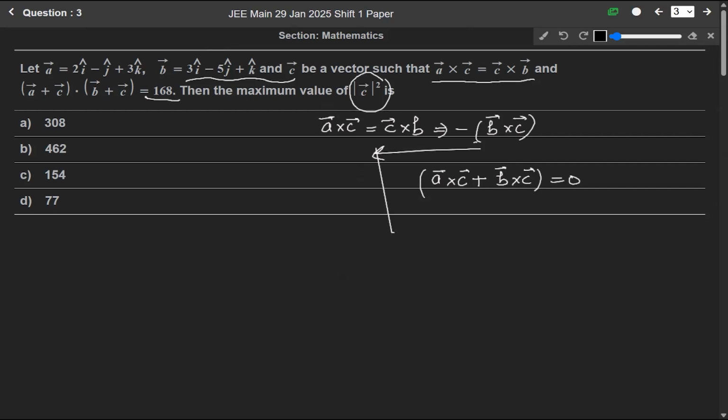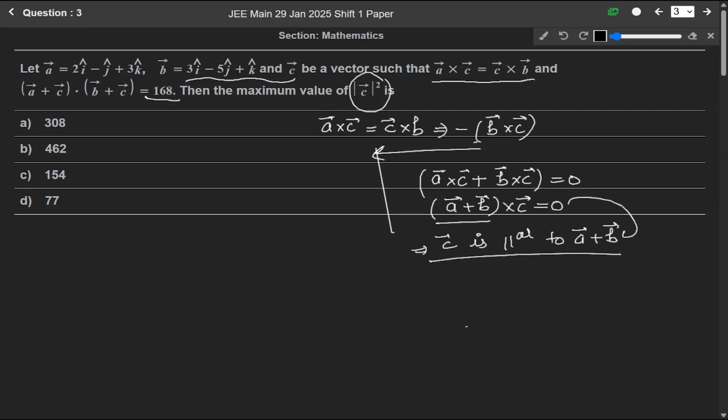Taking cross C as common, we get (A vector plus B vector) cross C vector equals 0. It implies that C vector is parallel to A plus B.